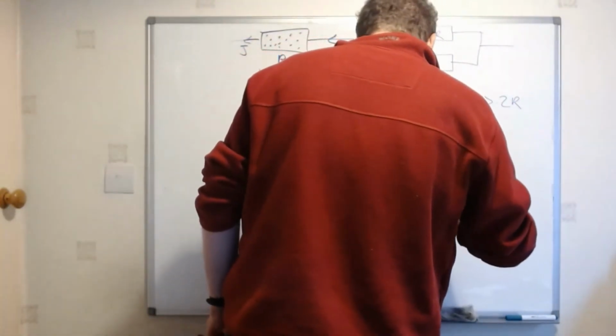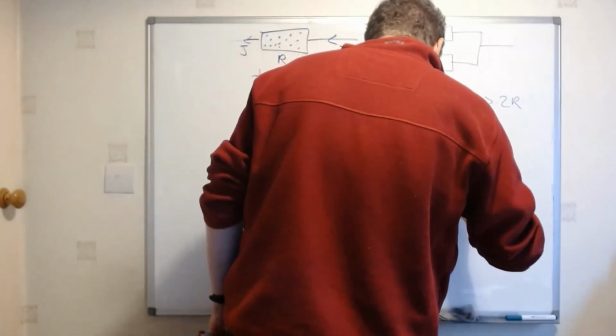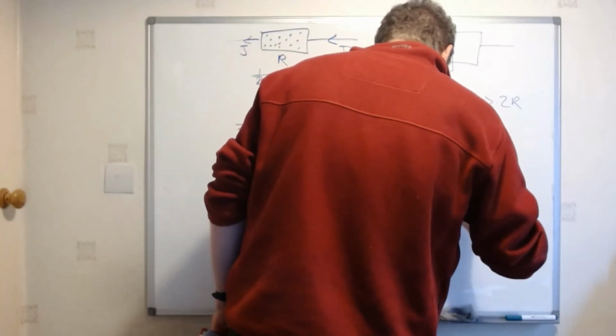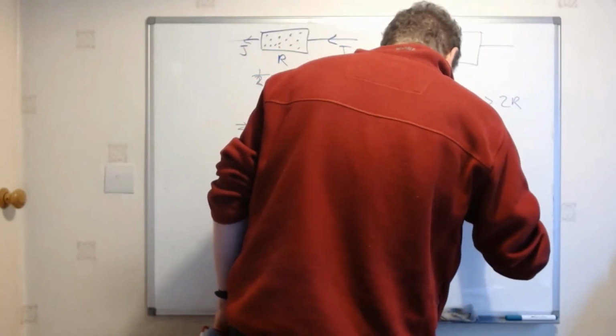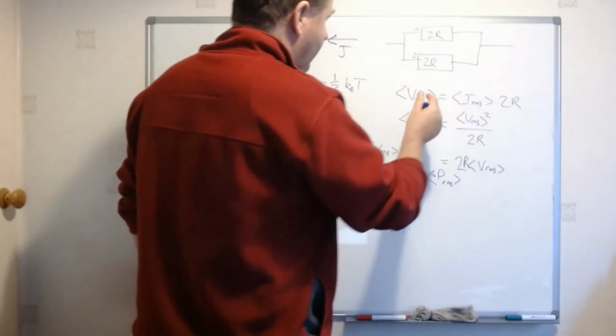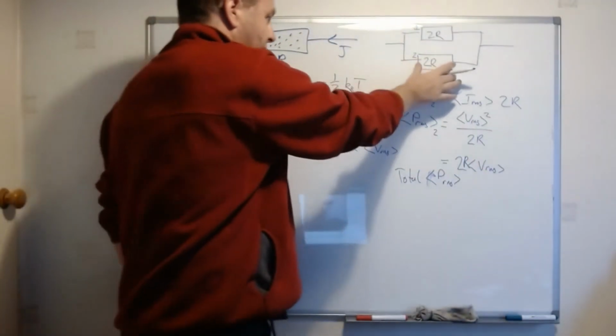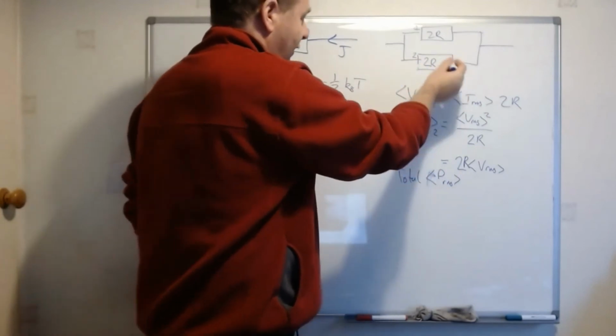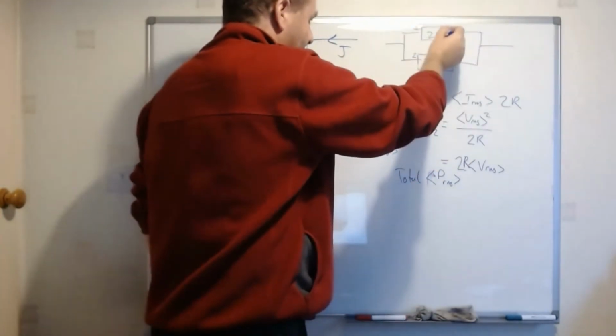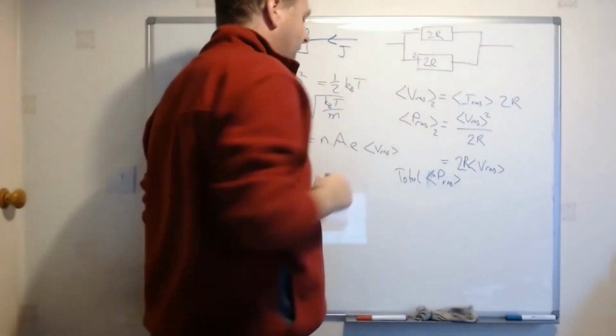So the total power is going to be just double that because we've just done it for that resistor. Now we need to think about what happens to the current fluctuations here, giving a voltage here, which then dissipates some power on that side.